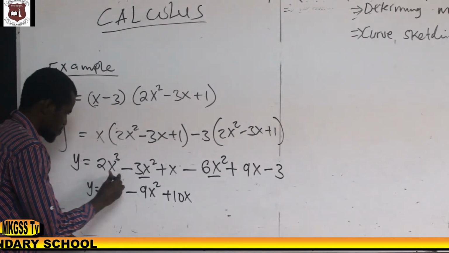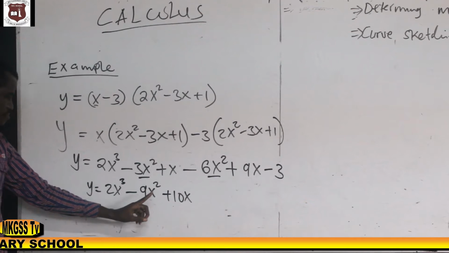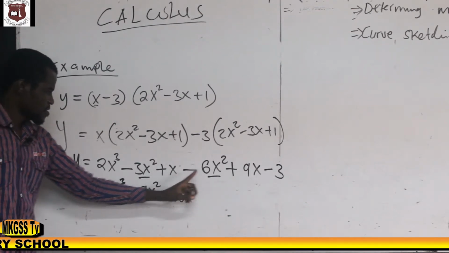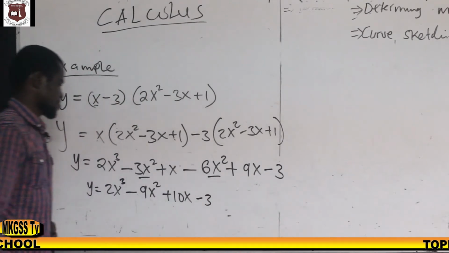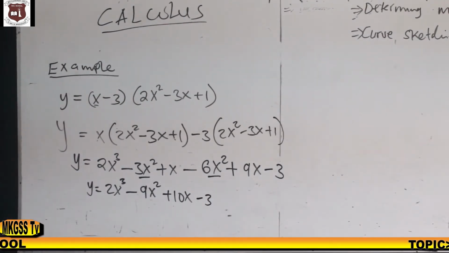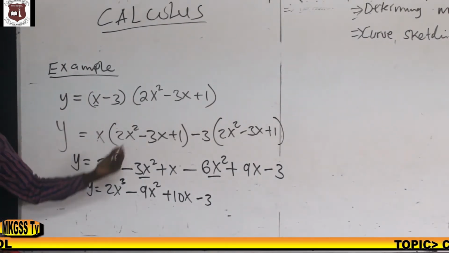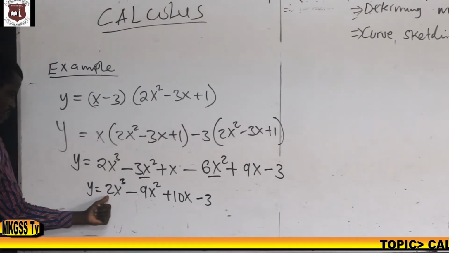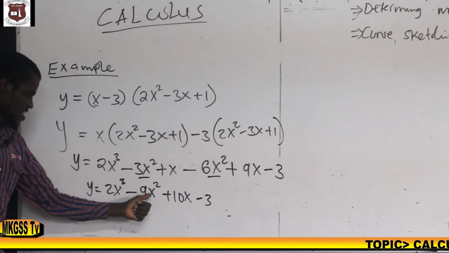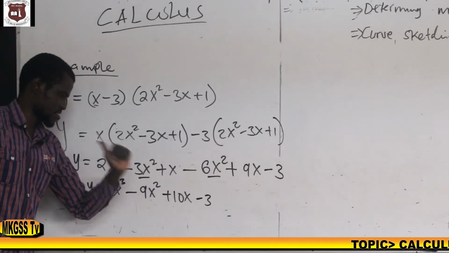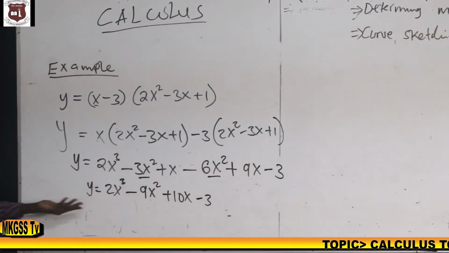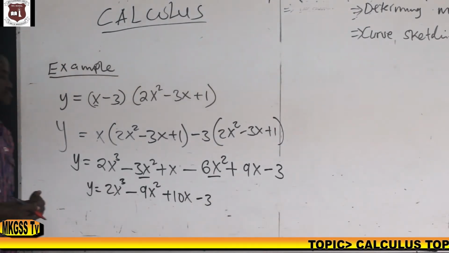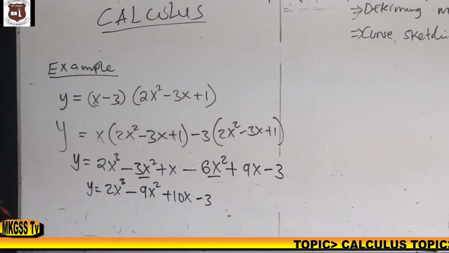Then I have -3. So when I open the bracket, I will end up with 2x cubed minus 9x squared plus 10x minus 3. So this is our equation of a curve.